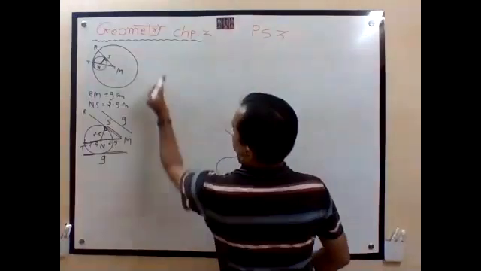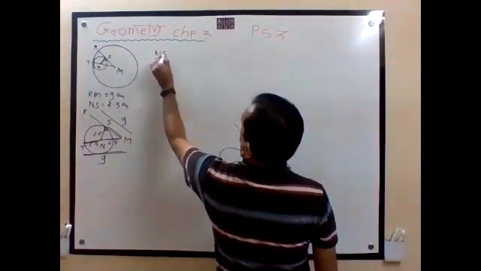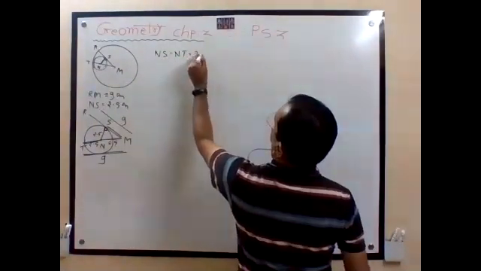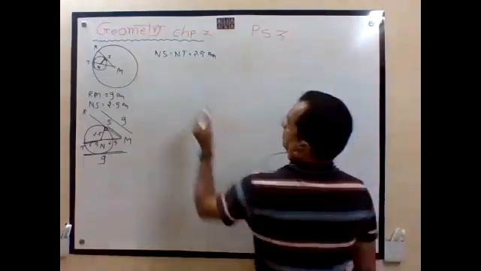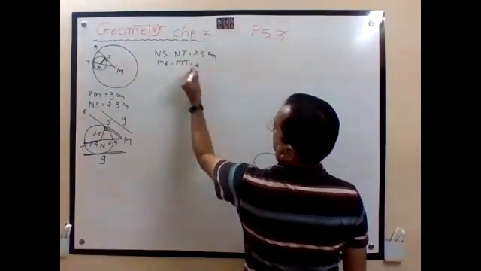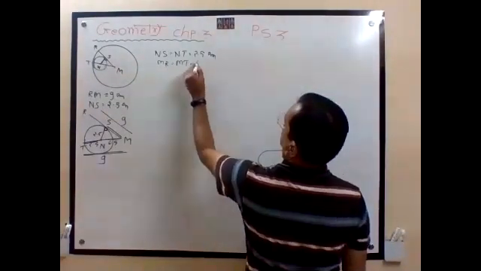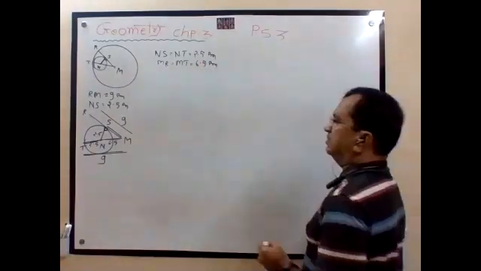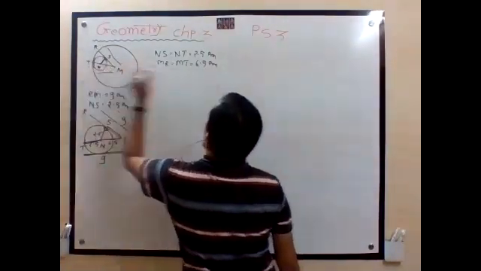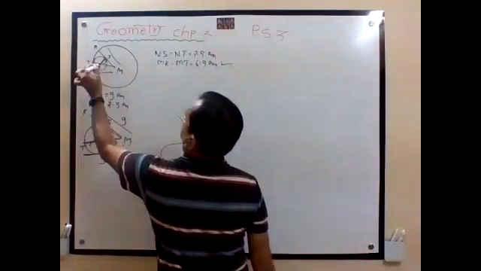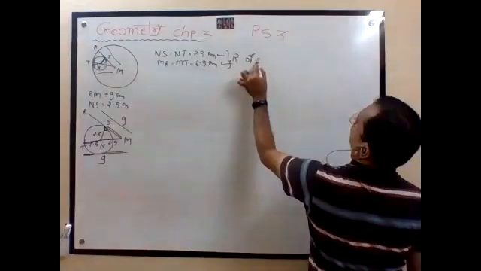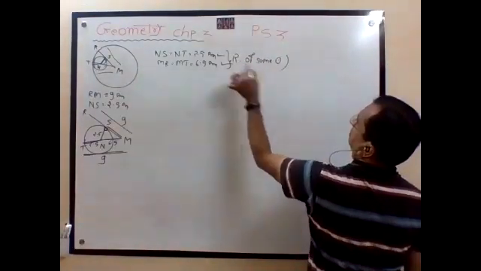Now, write very systematically. NS is equal to NT is equal to 2.5 centimeters. MR is equal to MT is equal to 6.5 centimeters. This is equal to this, this is equal to this, radii of the same circle.